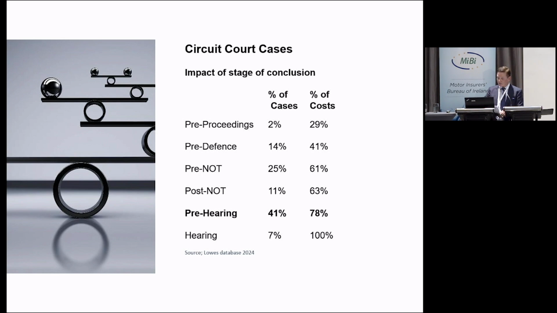If you settle the matter prior to hearing and you don't have witnesses in attendance and so forth, well then you're down to 78%. Move backwards to post-notice of trial, pre-notice of trial, pre-defence, pre-proceedings, well then you can be at 29%. So that would fit with if you were to guess, or certainly if you were put to the pin of your collar and said, give me an indication.